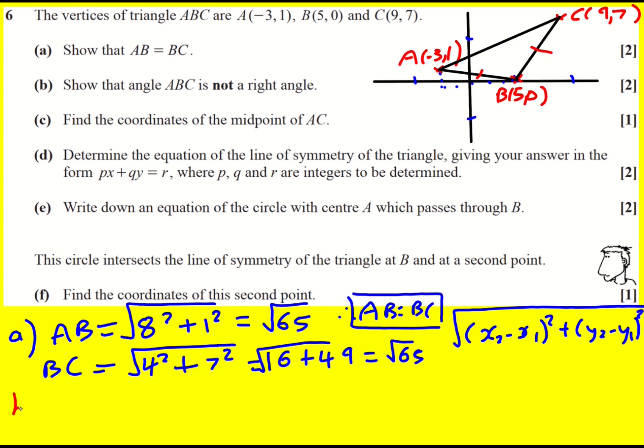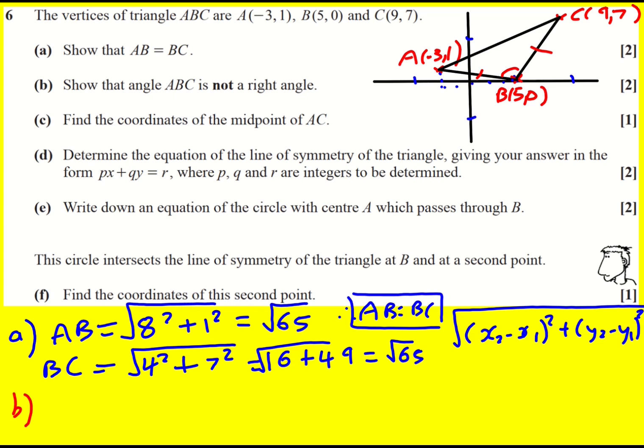We're now asked to show that angle ABC is not a right angle. So this one here. There's numerous ways to do this. You could look at the gradients and show that the gradient of AB is not perpendicular to BC. That's one approach. You could use the cosine rule to work out the angle and show that it's not 90.